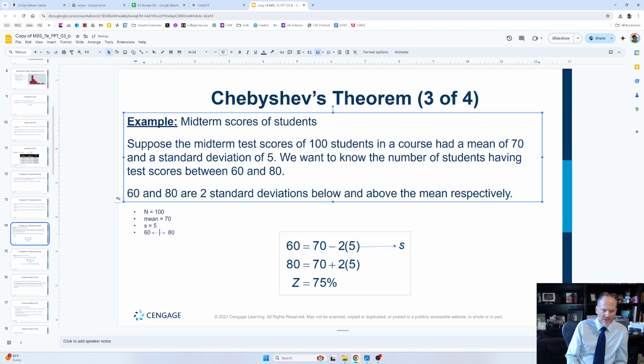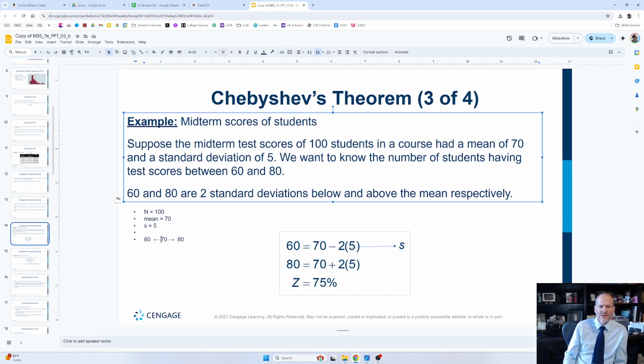So what are the number of test scores between 60 to 80? Well, if you look at this data here, if our mean is 70, there's our mean, and we want to know how many standard deviations between here and 60, and how many standard deviations between here and 80, and that would be 10, which is 2 standard deviations.